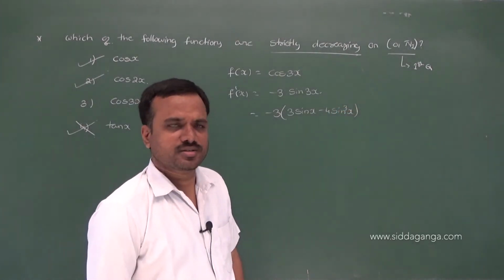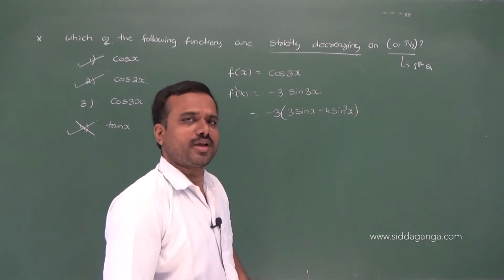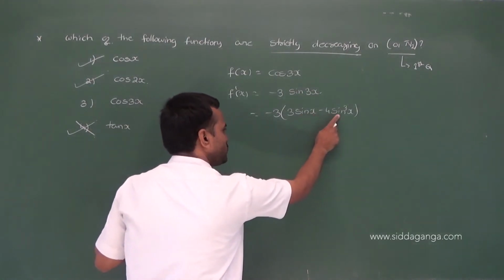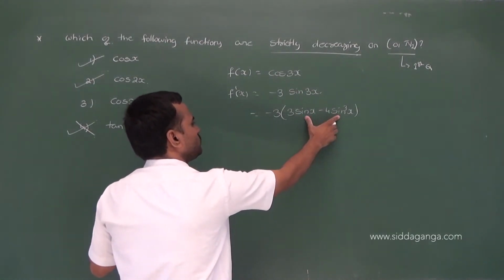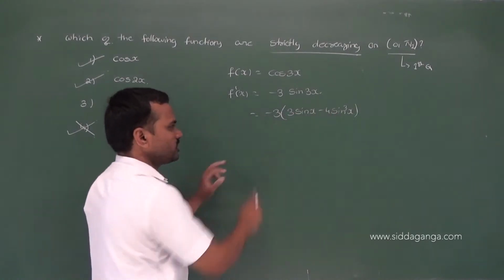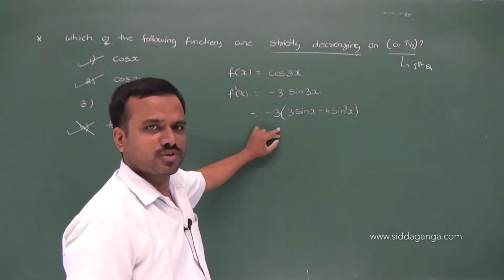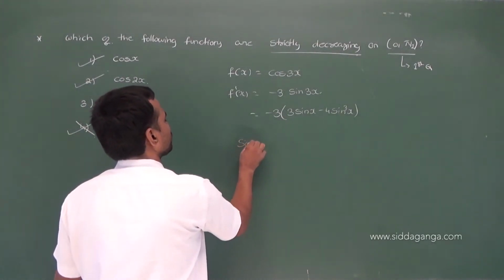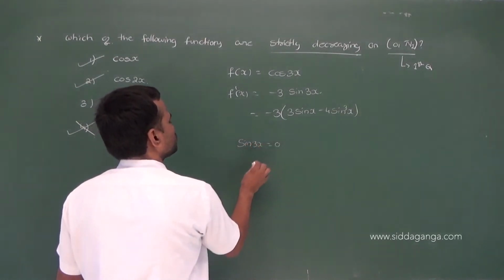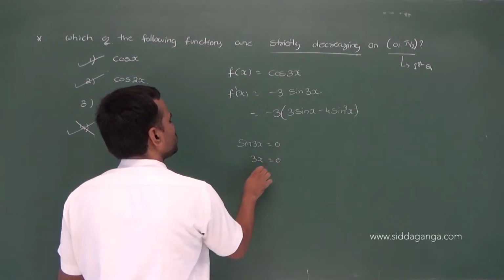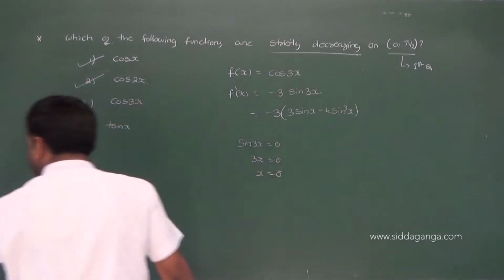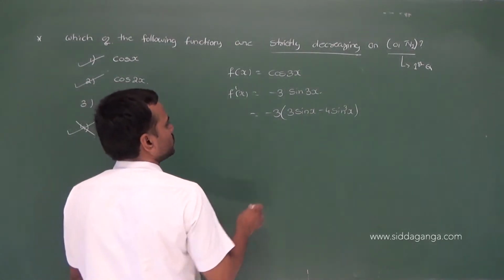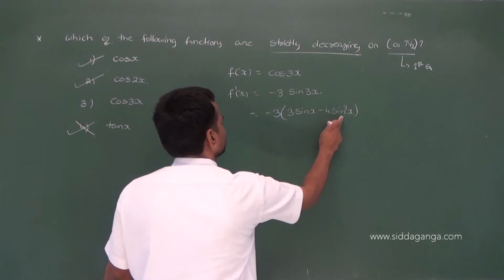Observe here, sin x is positive, and this one is also positive, so these two quantities are positive, and positive into negative is negative. Or else sin 3x equal to 0 gives 3x equal to 0, x equal to 0. Any one method you can follow.